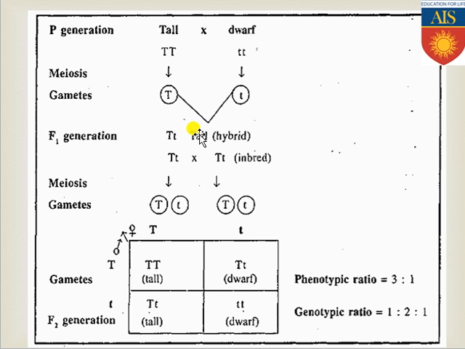In the F1 generation Mendel got a hybrid individual, but he performed self pollination on that heterozygous individual, and in the F2 generation he obtained homozygous dominant, homozygous recessive, as well as heterozygous dominant, three different variants: capital T capital T, capital T small t, and small t small t. But the question is, why did he obtain these variants in the F2 when he did not obtain them in the F1? How did he obtain those variants in the F2?